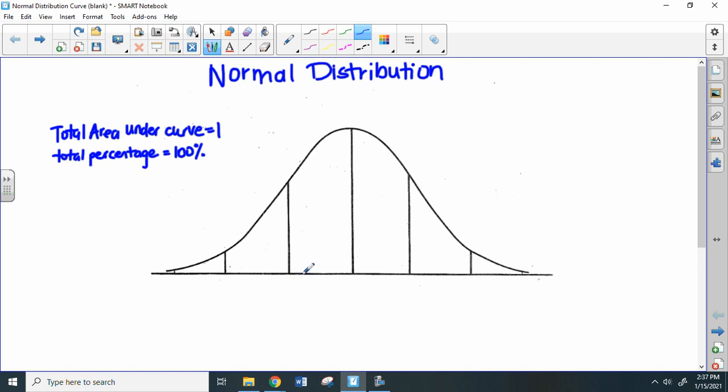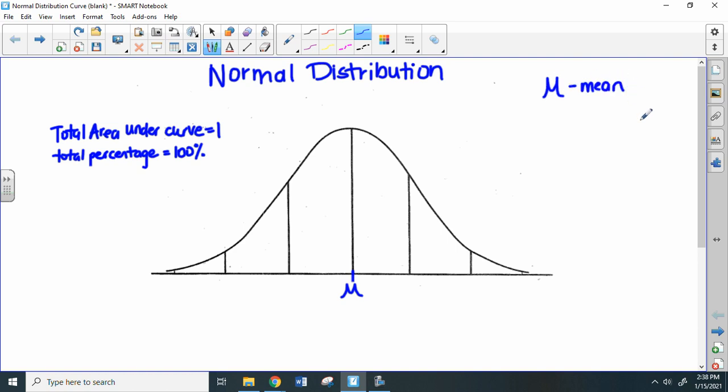Now, a couple of other things. The direct middle of the curve is where you put the mean. We're going to use a mathematical symbol, the Greek letter mu, and that represents the mean.